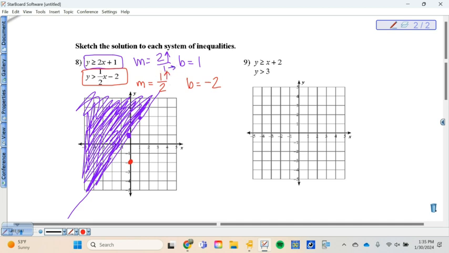Up 1 over 2. Dashed or solid line? Good, dashed line. And do I shade above or do I shade below? What's the inequality? Greater than, shade above.